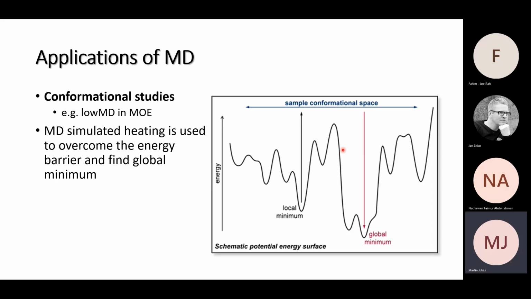But you're never sure if you achieved the global minimum. So if you cycle the temperature from 0 to, let's say, 500, and then you do it again and again and again, then you should be able to statistically obtain all the important minima and maxima of the molecule, and then you can really work with that later.